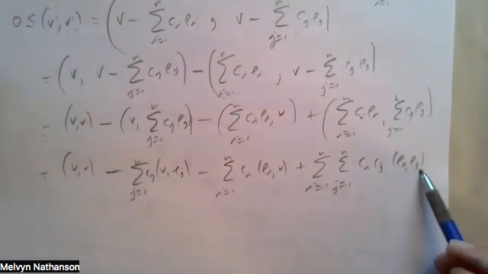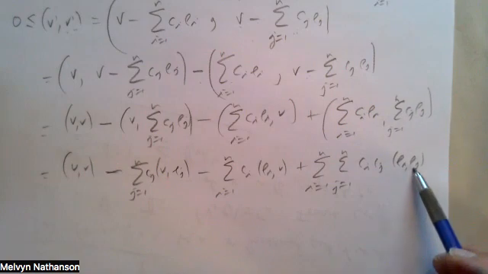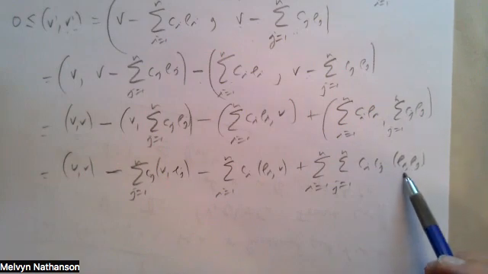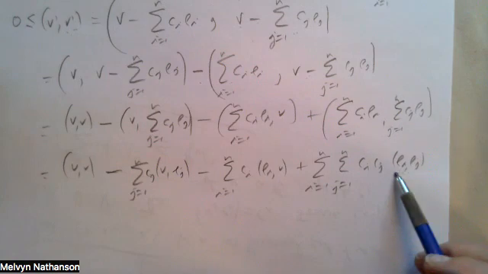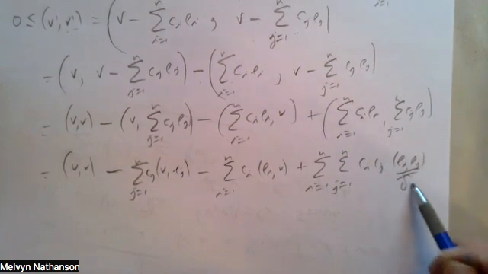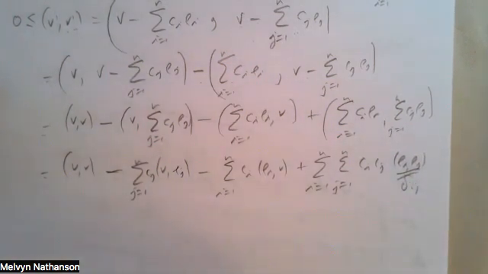Now, Ei Ej, the inner product of Ei and Ej, this is a set of orthonormal vectors. So this is 0 unless i equals j, and when i does equal j, it's equal to 1. So this is just delta ij, the Kronecker delta.